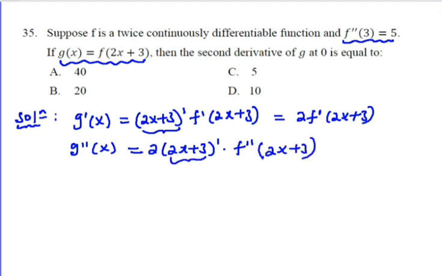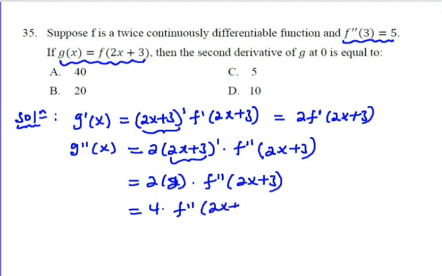So 2 times 2 is 4, times f double prime at 2x plus 3, which is the second derivative of g at x.